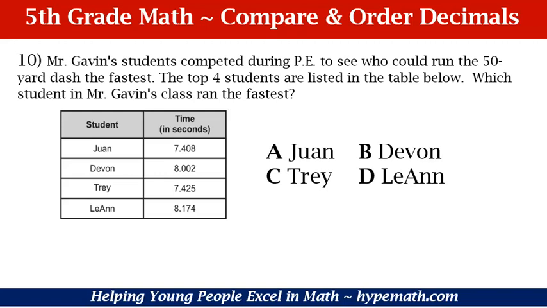Juan, our first student, ran 7.408 seconds. Devin is 8.002 seconds. Trey is 7.425 seconds, and Leanne is 8.174 seconds.